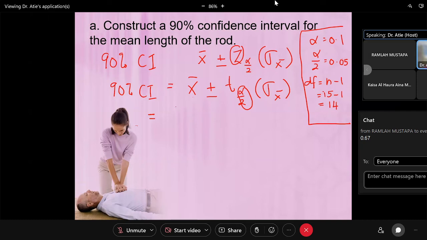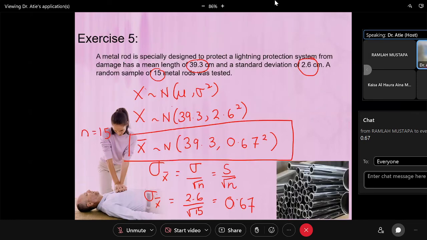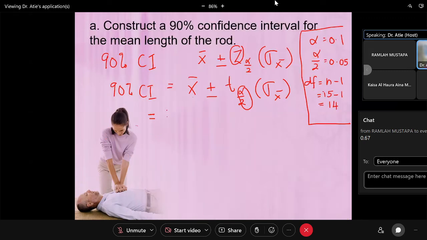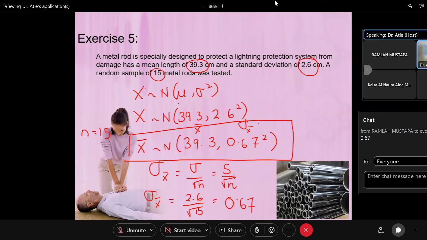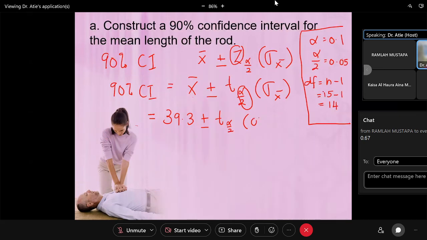Let me do it step by step, okay? The X bar we get from here. This is our X bar, and this is sigma X bar. So we just plug in the equation just now. We have 39.3 plus minus, leave this one first, and then just put this value first, 0.67, right?